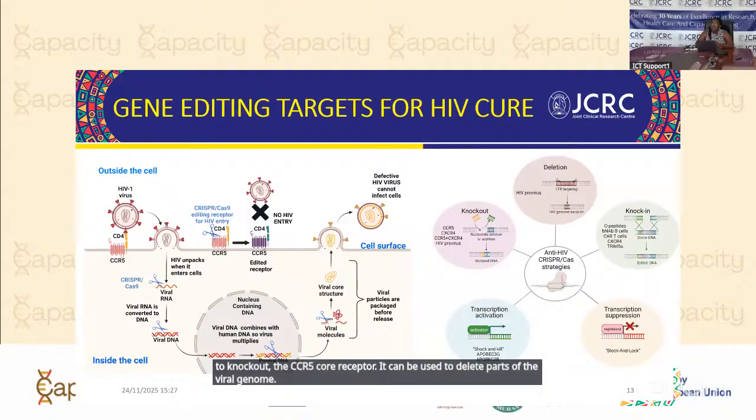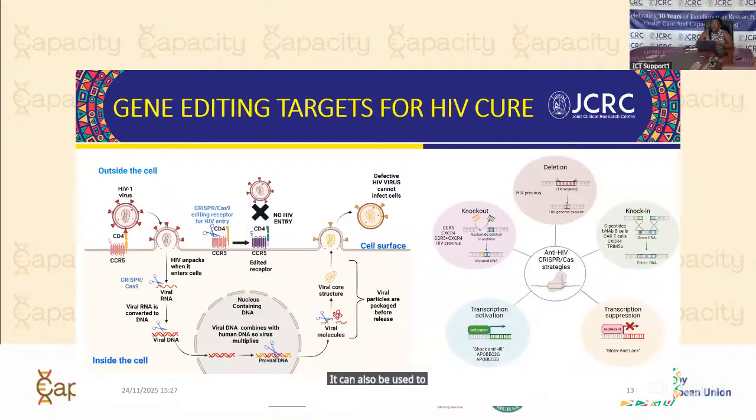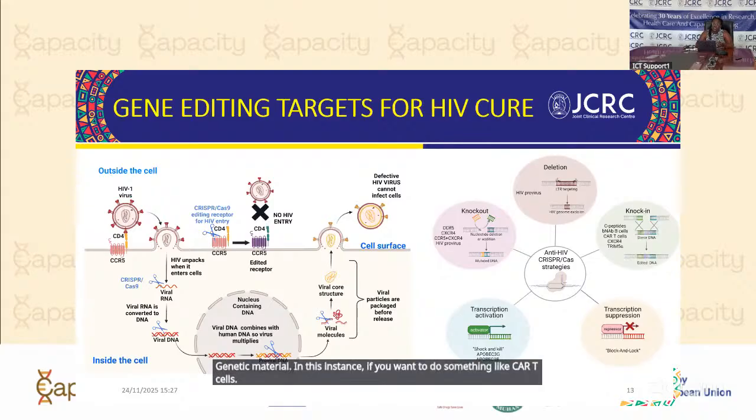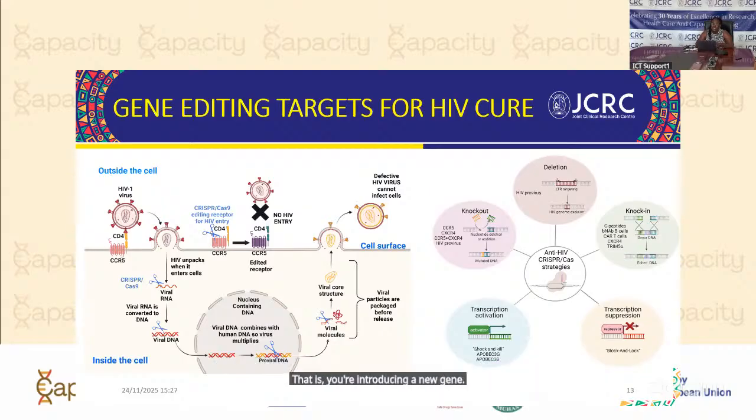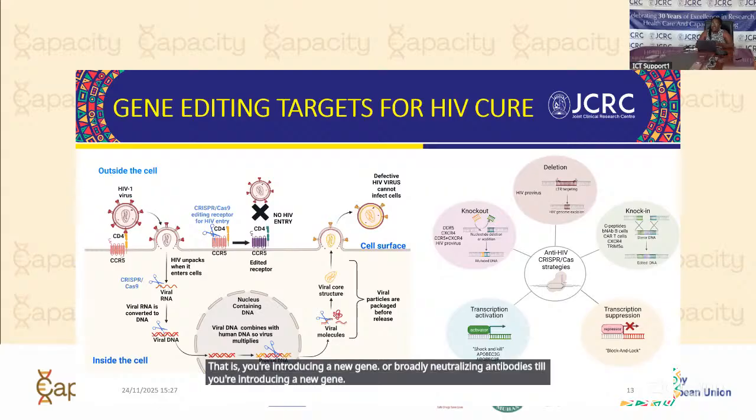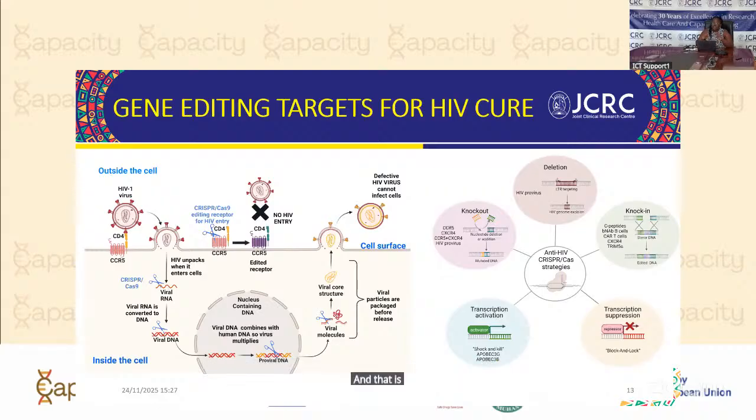It can also be used to knock in genetic material. In this instance, if you want to do something like CAR T cells, that is, you're introducing a new gene, or broadly neutralizing antibodies, still you're introducing a new gene, and that is knocking in. So basically, you're adding something to the cells. On the other hand, you can also activate the latently infected cells in order for them to go into replication.